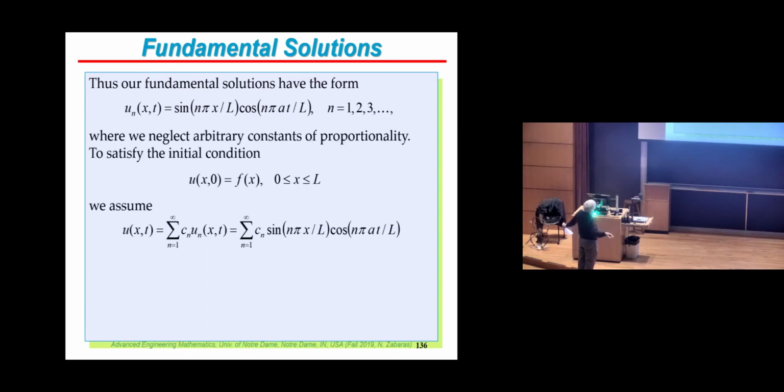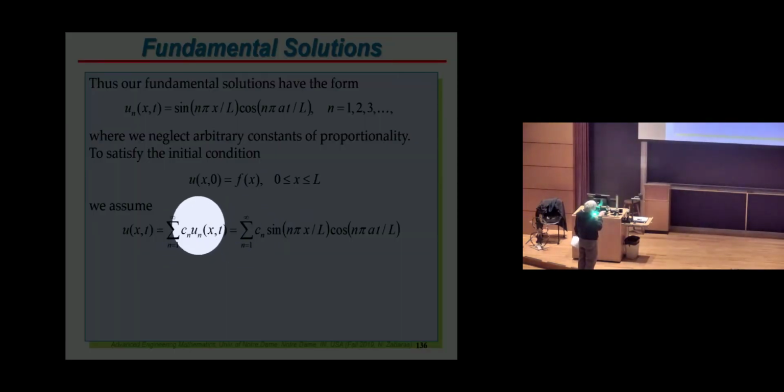OK? And what is left is to actually compute the coefficients. When we take a linear combination of these eigenfunctions, exactly as we have done in all the cases, now we have to identify Cn. We know that u at any x and time 0 is my function f of x.